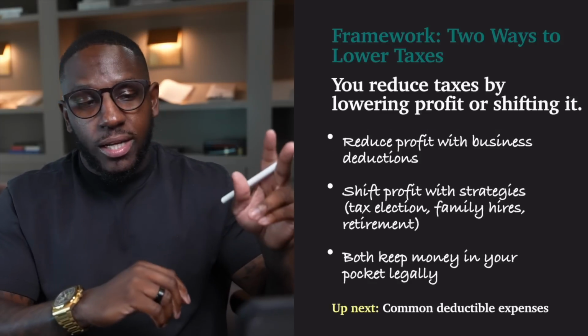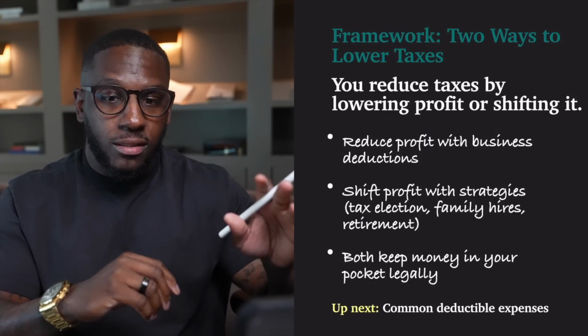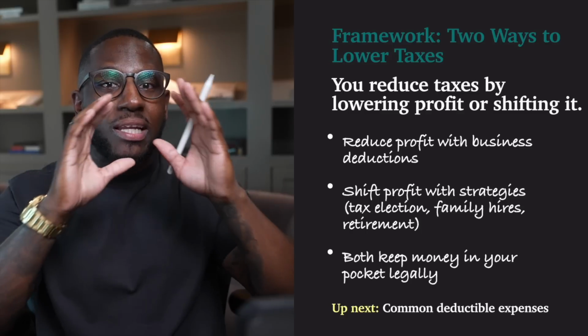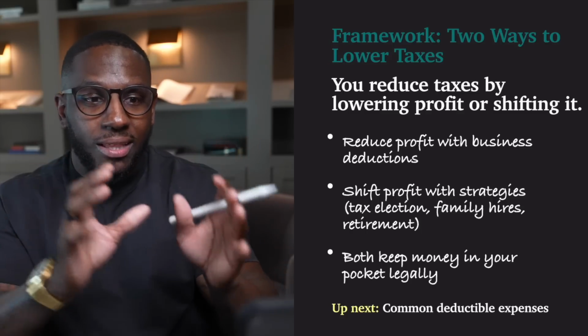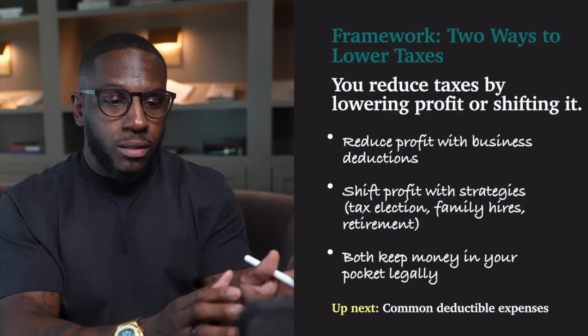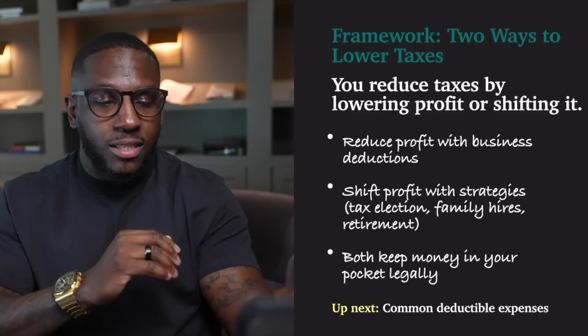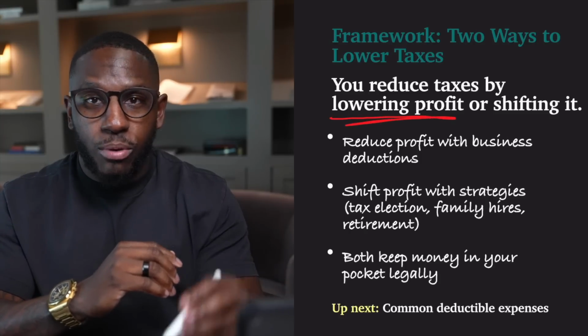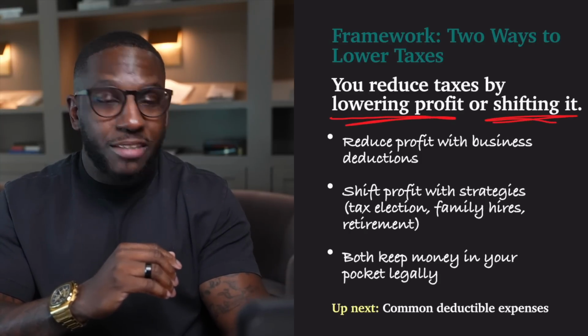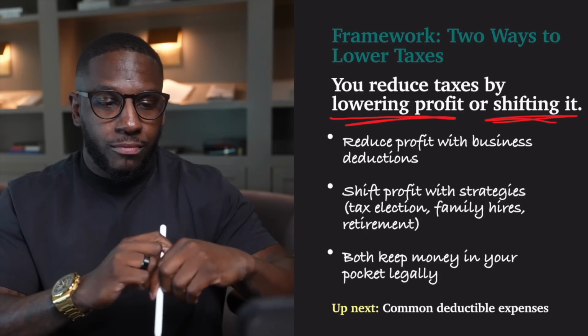So there's two ways to lower your taxes. So here's the framework. Here's the lens that I want you to look at this through. You reduce your taxes by either lowering your profit or shifting it, right?